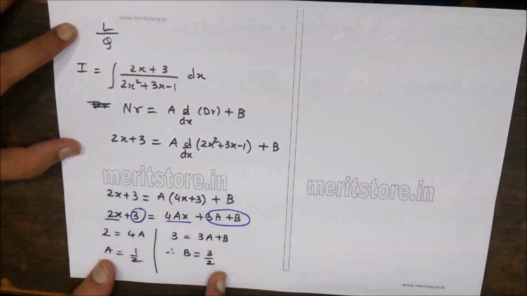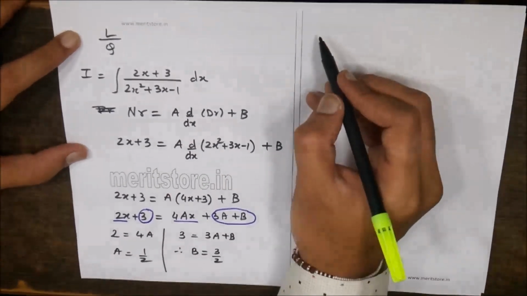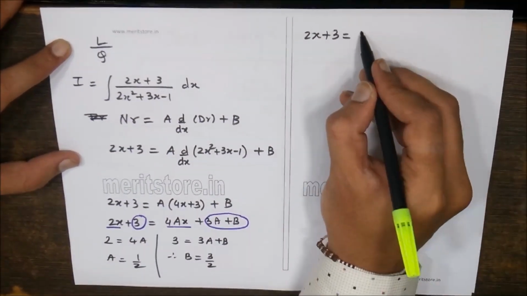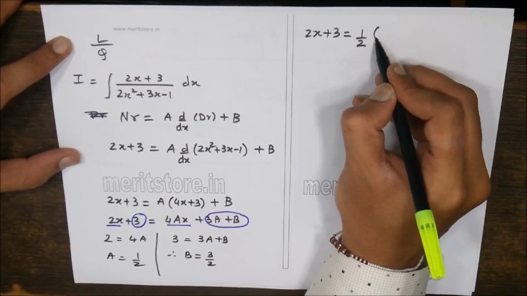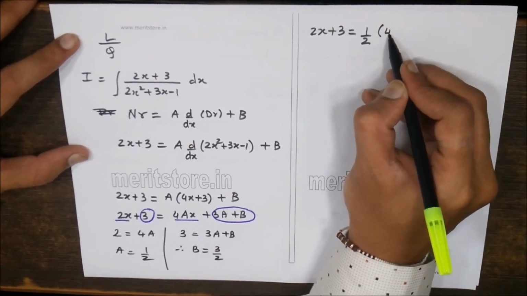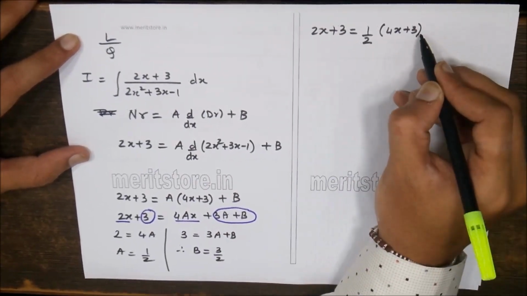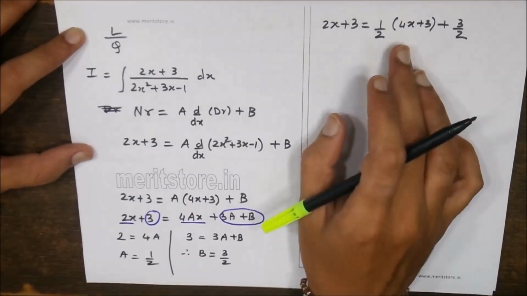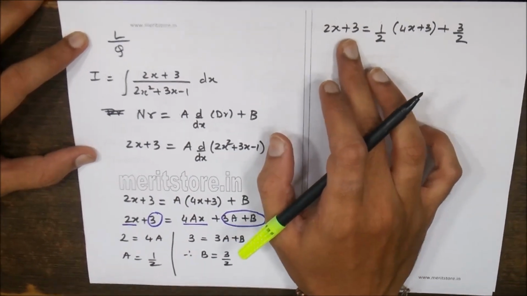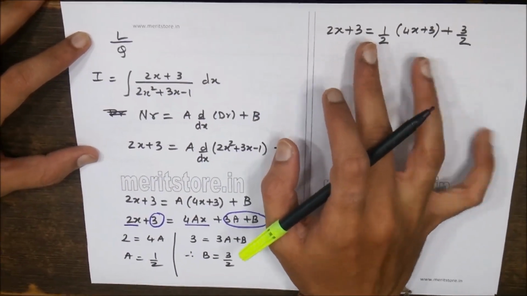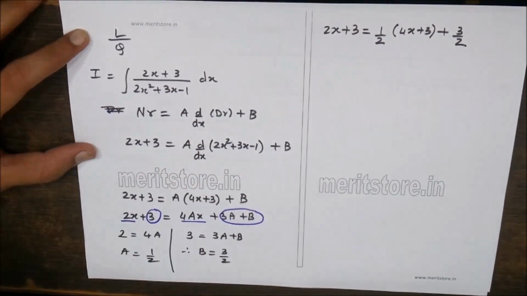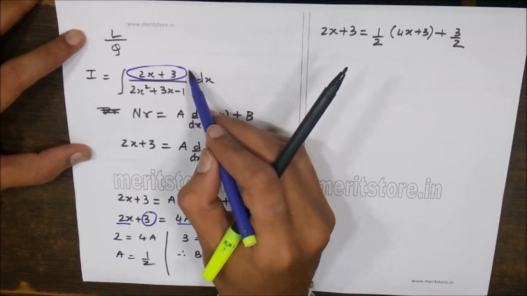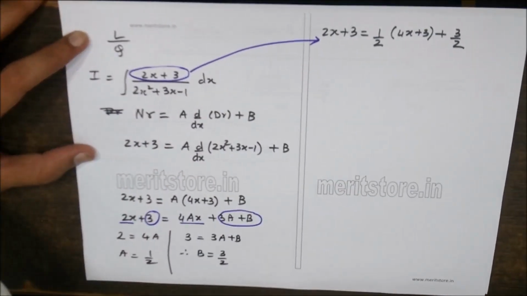Once we have obtained these two things, I'm going to write 2x plus 3 equals half of 4x plus 3 plus 3 by 2. Just by mere checking, you can see that this term is always equal to this term. Now, what have we obtained by this? We have just changed the entire format of writing 2x plus 3. Now, this 2x plus 3 will be written as this term.